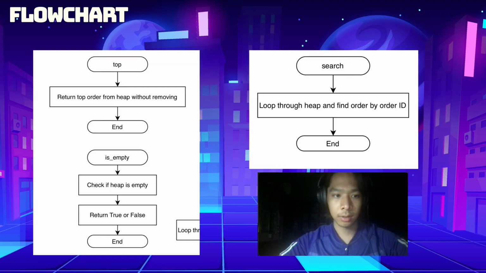The search works by looping through the heap and finding the order by order ID. Another one is called top. It's going to return the top order from the heap without removing it, and then finish. And another one is called is empty. It's used to check if the heap is empty and then return true or false.